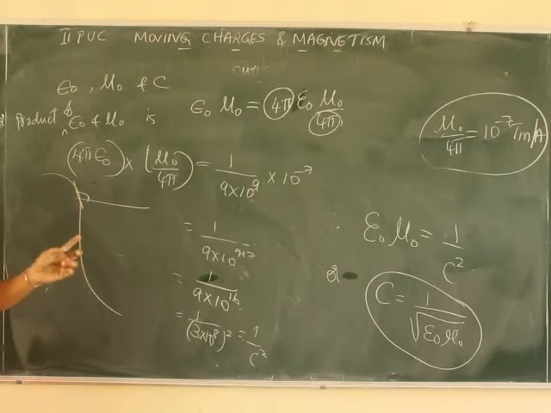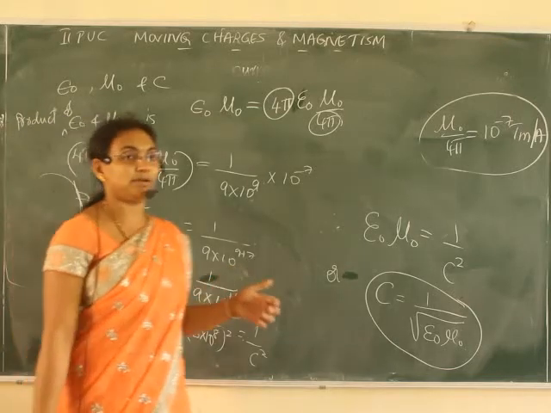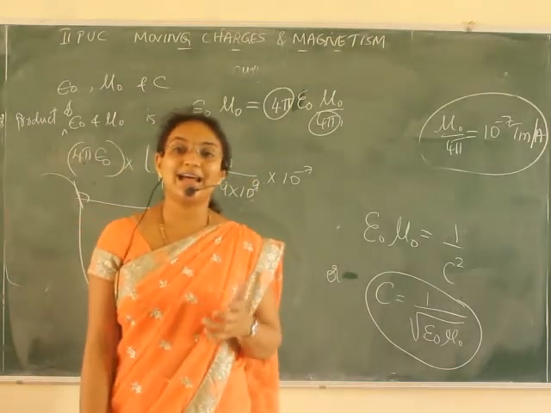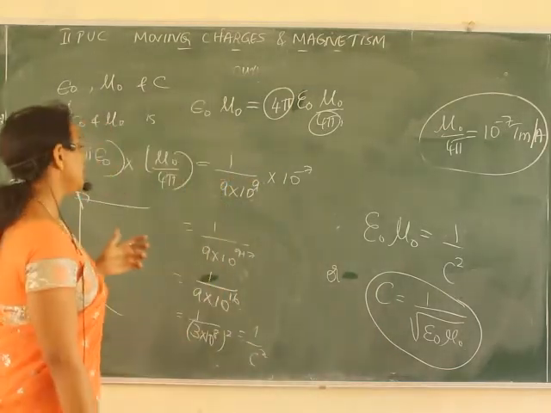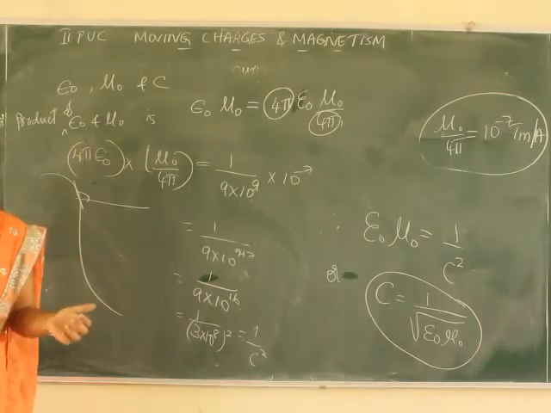Whereas the electrostatic force does not depend like that. It is along the displacement vector, and it does not depend upon the angle there. That's all. So these are the similarities and differences between the electrostatic field and the magnetic field.